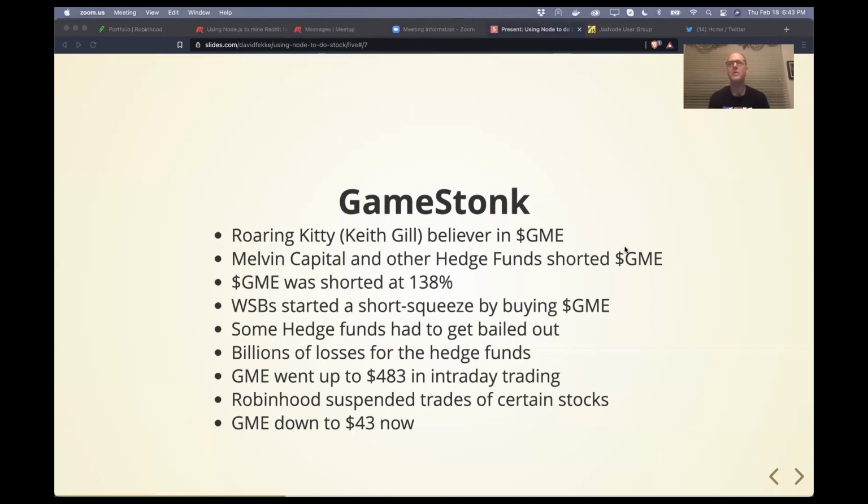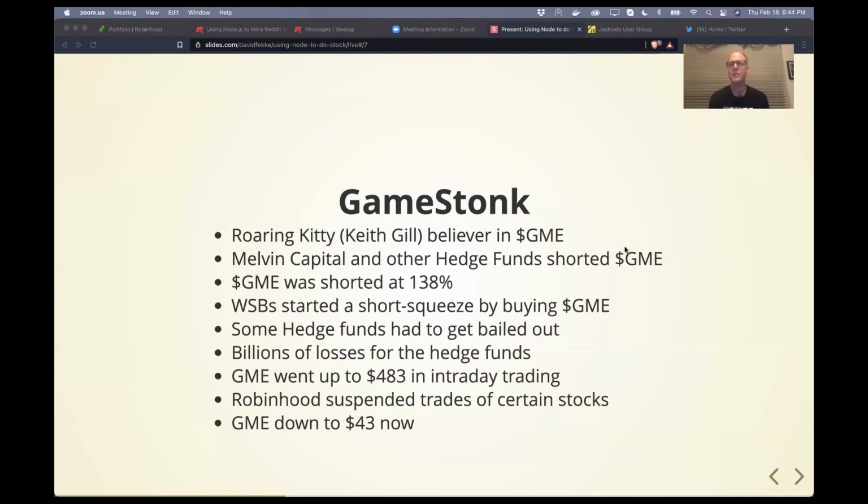And part of that was that until they could raise more capital, they had to, I think it was 13 stocks altogether, stop the purchasing of those stocks. You could sell the stocks, but you couldn't purchase them. And of course, once you do that, that decreases demand for the stock and then the price falls. And now the price is down to $43.